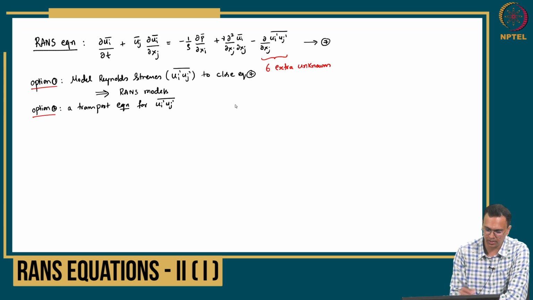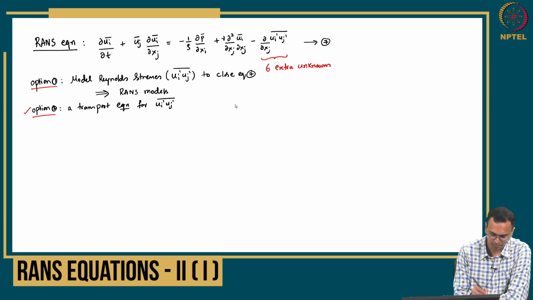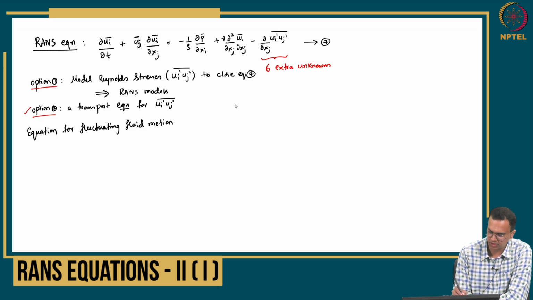So we will go ahead and take option 2 first to see what happens. So that is the equation for fluctuating fluid motion or your fluctuating momentum.